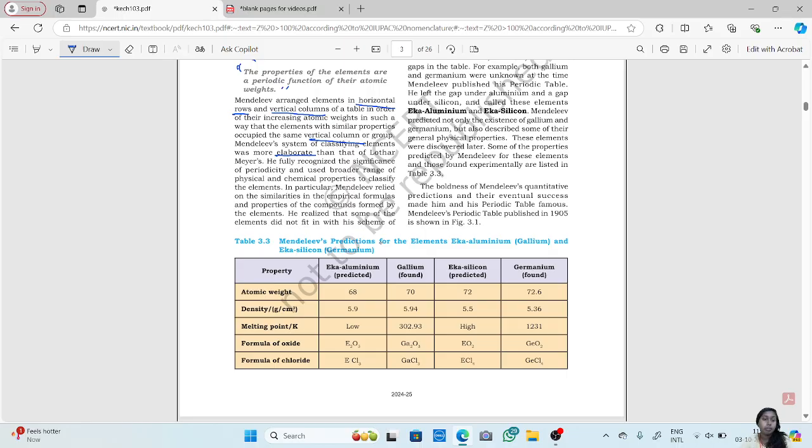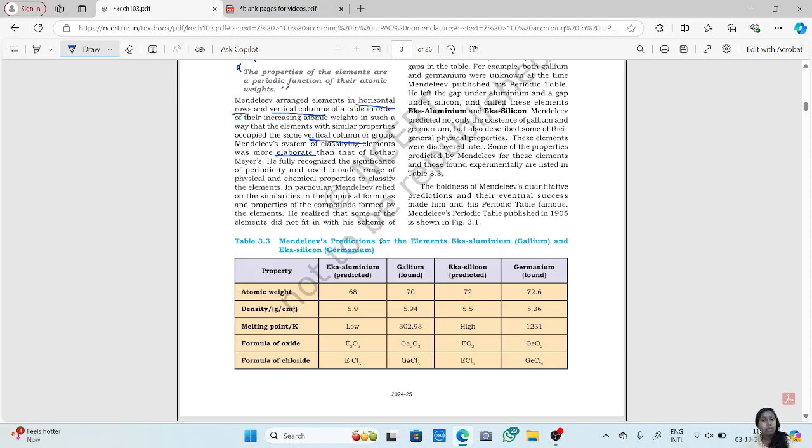He understood why it is important to arrange them in an order with similar properties, and he included almost all the physical and chemical properties to classify the elements.